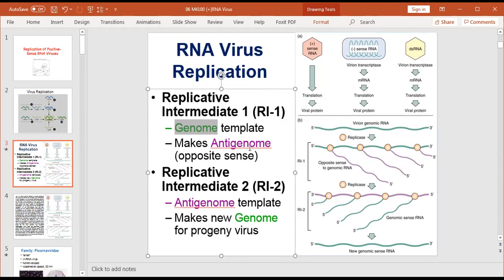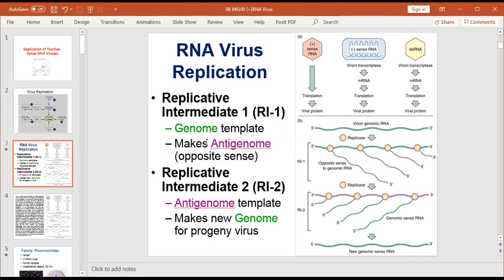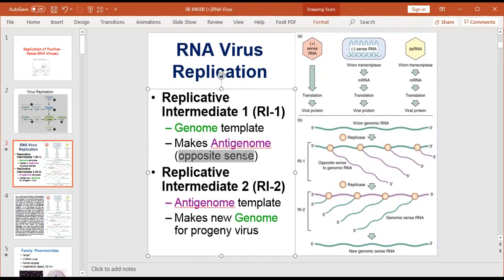For example, if we have a positive sense RNA virus, it makes a negative sense RNA. If we have a negative sense, it makes a positive sense. So by the end of replicative intermediate 1, we have accomplished the production of the opposite sense of the template.